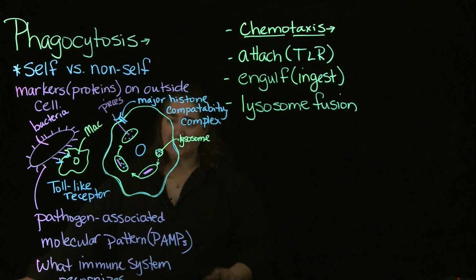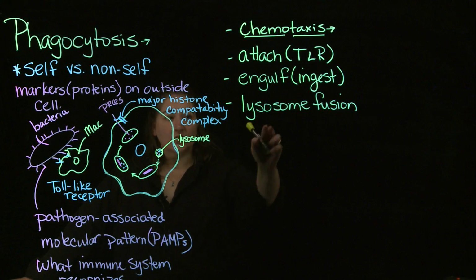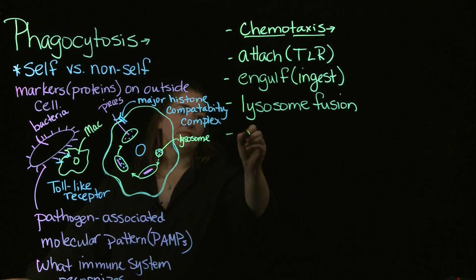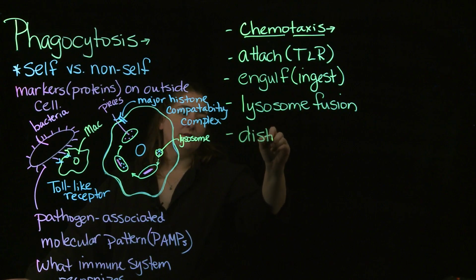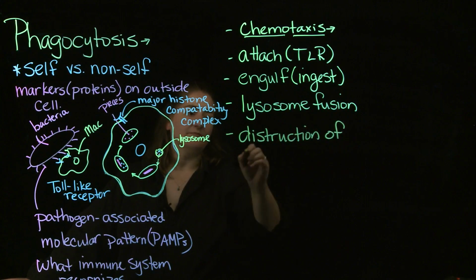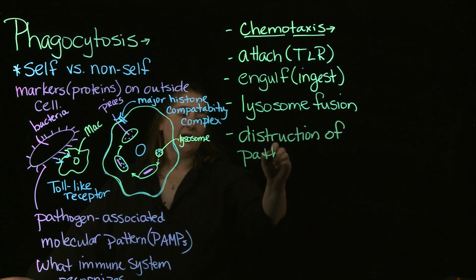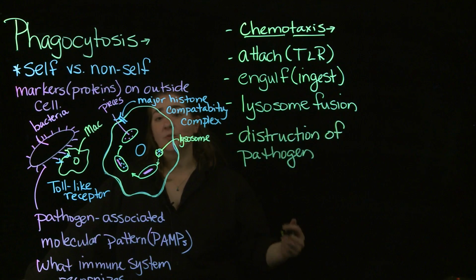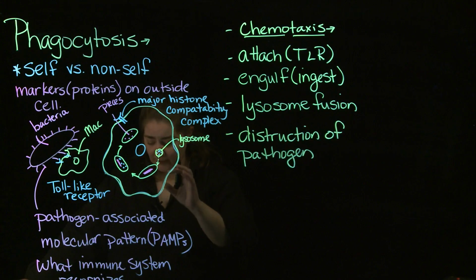Okay, so it's essentially going to destroy the bacteria. All right, so once that lysosome fuses, you get the destruction of the particular pathogen. I've drawn a bacteria here. It could also potentially be a virus that's the pathogen.